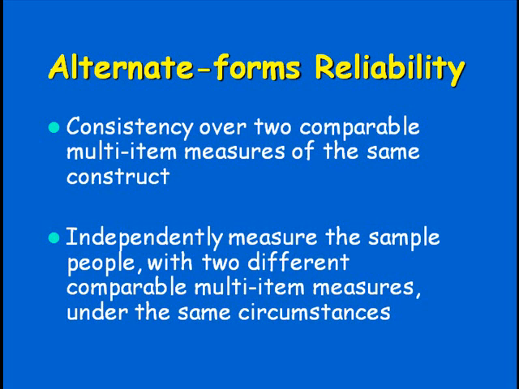So we have scores now from two different similar depression scales, and we take those scores and we correlate them. And to the extent that the correlation is high, you have alternate forms reliability.